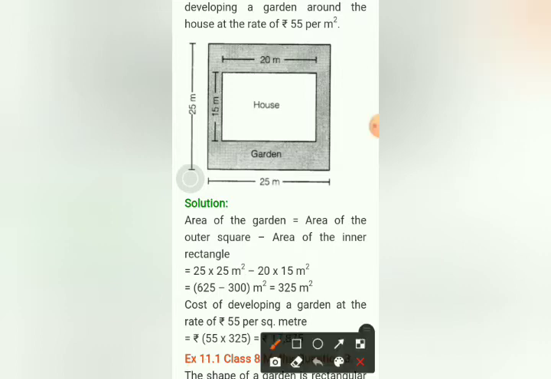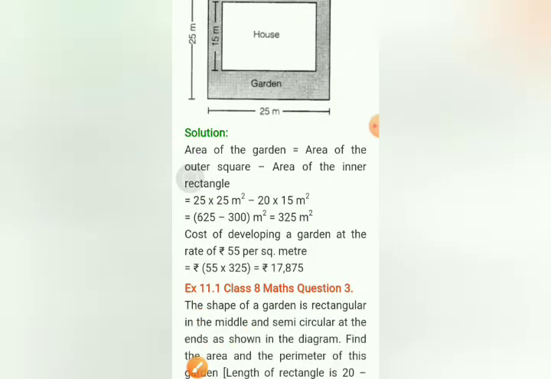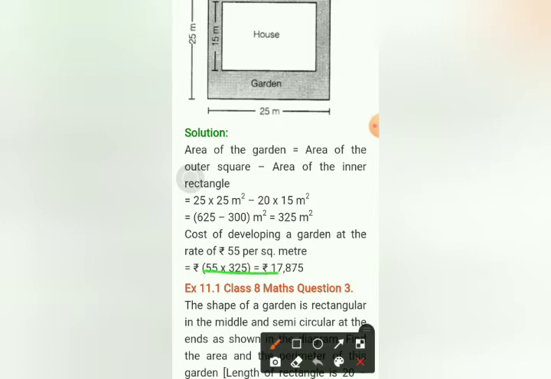So on solving we will get this step. After solving we will get the answer as 325 meter square, and we have to multiply that with the rate, that is 55 rupees per meter square.